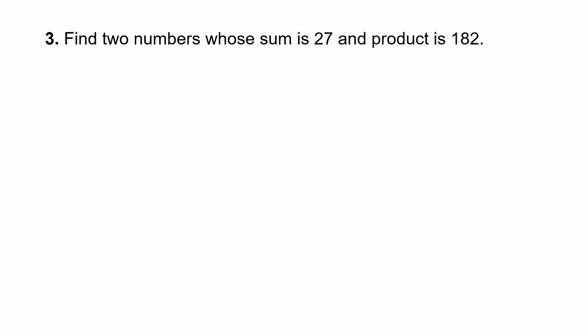Yes. Find two numbers whose sum is 27 and the product is 182. Suppose I take the two numbers as x and y, sum is 27 and the product is 182. As I said, with two variables we cannot arrive at a solution, so we have to convert one variable into another variable.